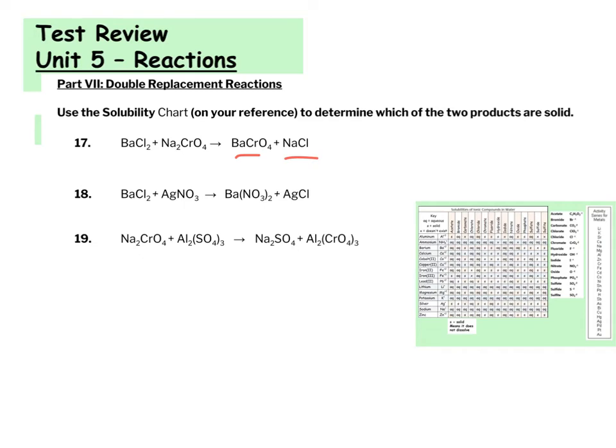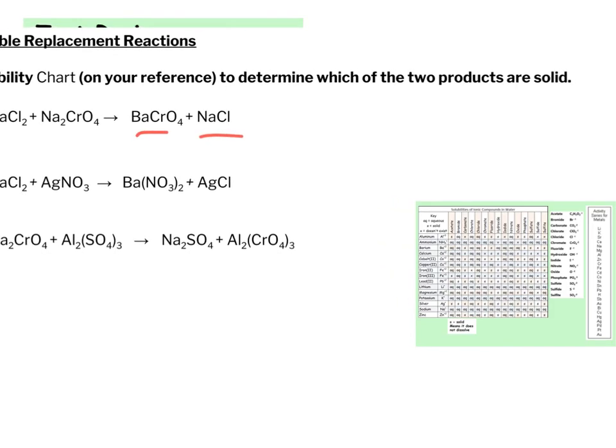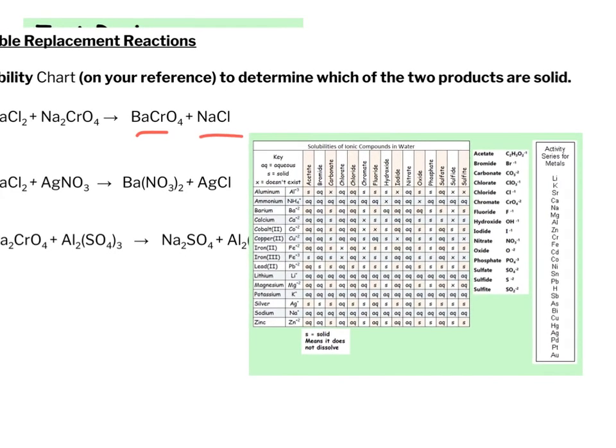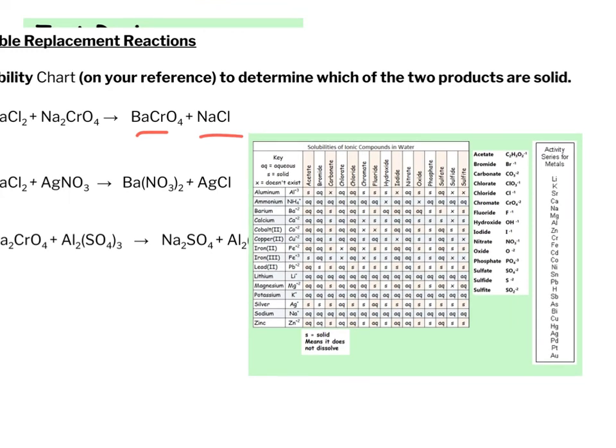For example, in number 17 here, we have to figure out if BaCrO4 and NaCl are soluble or not. So we look at the chart. Ba, barium, so we find that here. Here's barium right here. And CrO4, and you might need to look over here if you don't remember, is chromate.